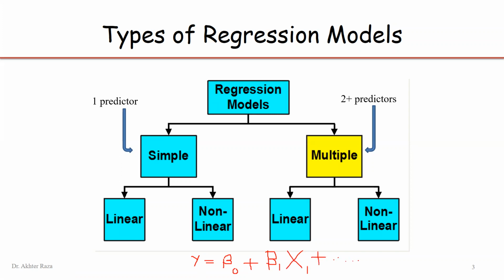If we have k predictors, then the second last term will be beta k xk, plus epsilon. This model is known as the multiple linear model, or we can call it multiple regression with two or more predictors. So we have k predictors in this model. Y is the response variable, the betas are the parameters of the model, and there is a random factor in the model. That random factor is known as the error term.